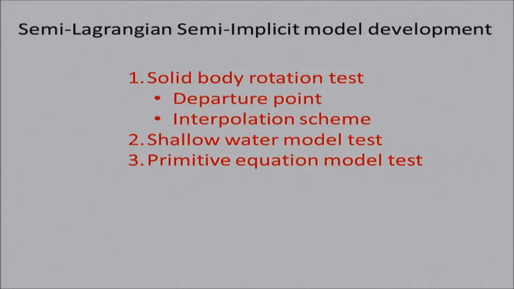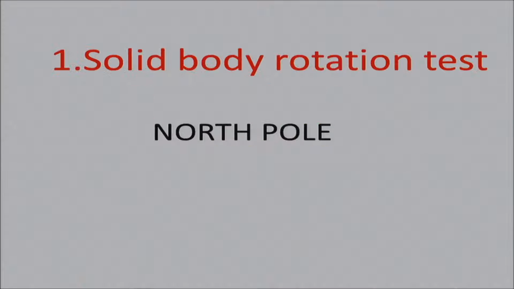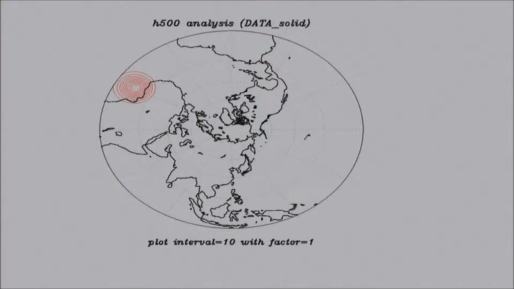Next, I am going to show the semi-Lagrangian semi-implicit model we are developing now. I am not going to show how we did it, but show the results. We did a solid body rotation test, a shallow water model test, and finally a primitive equation model test. This is the solid body rotation, to see the mass source going across the North Pole.